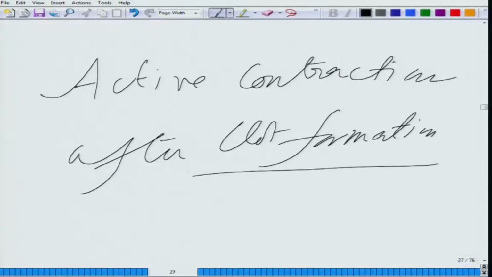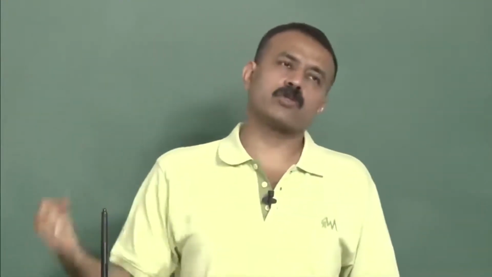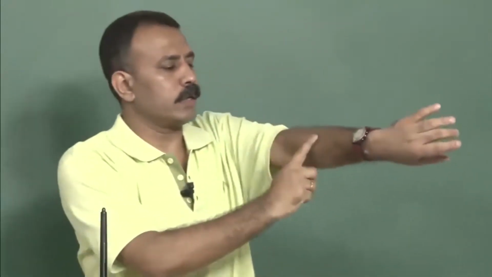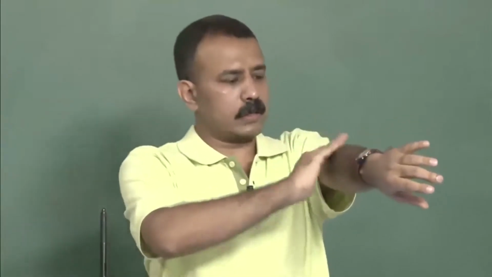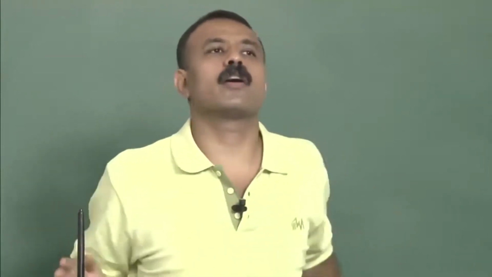In other words, once the clot is formed, after some time, once the whole repairing of the vessel has taken place, then the clot has to be retracted back. It has to be moved out. Say for example, you have a cut here. After the cut is repaired, the clot has to be thrown out of the system. Otherwise, there will always be a scar out there. So, the scar has to be moved out. That is called the clot retraction process.